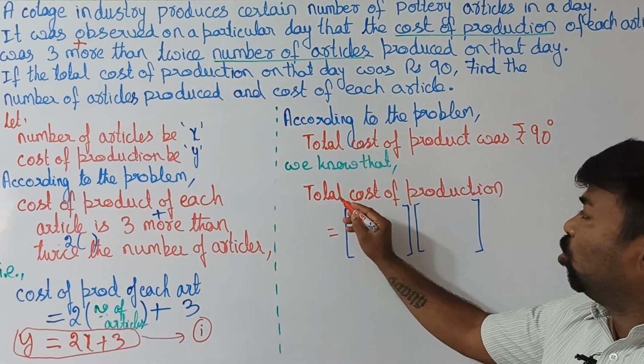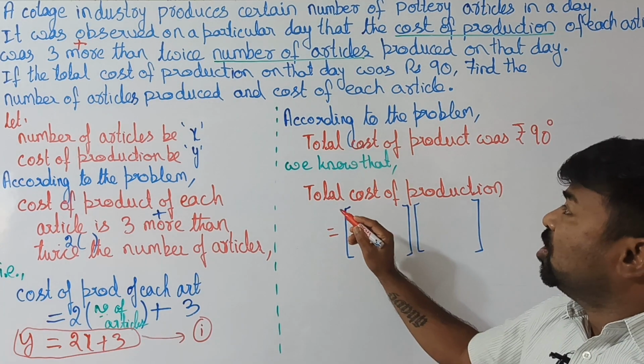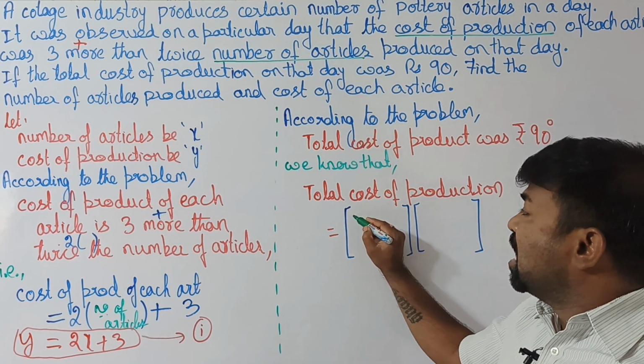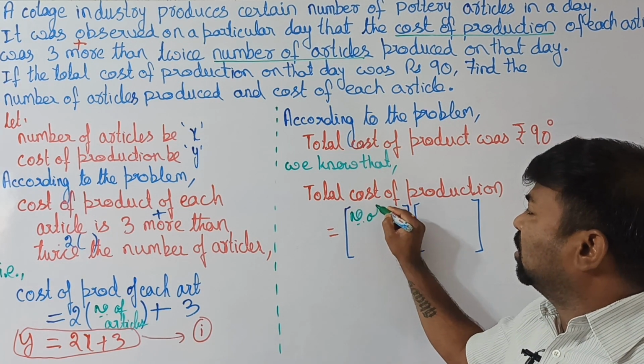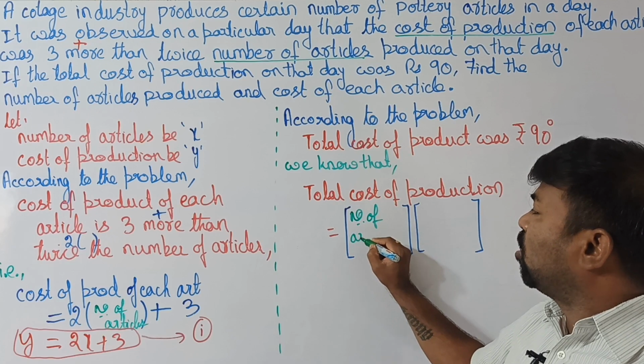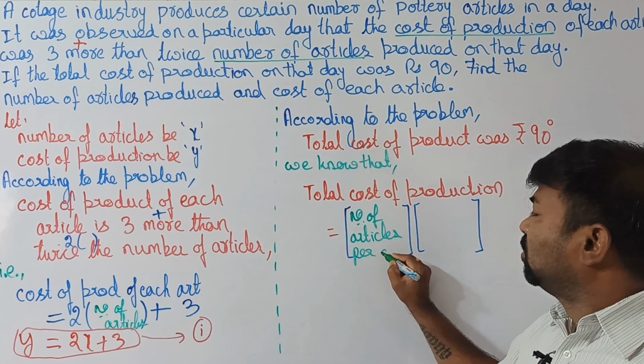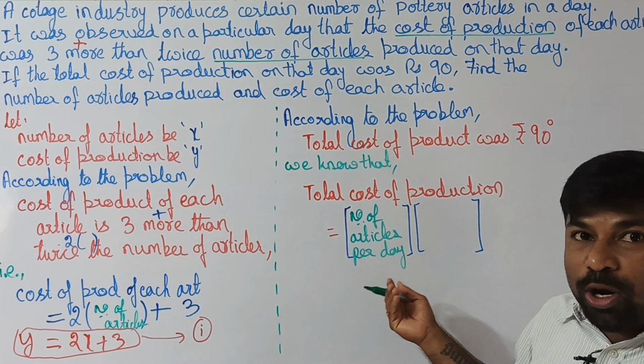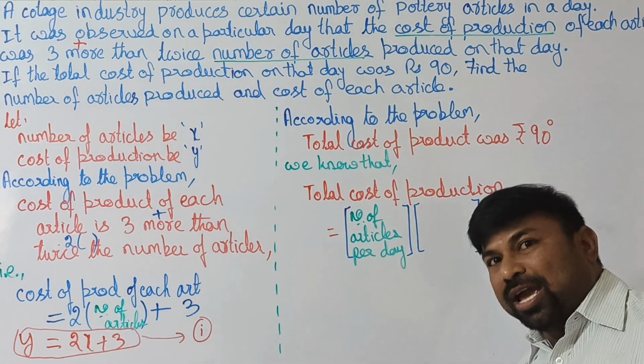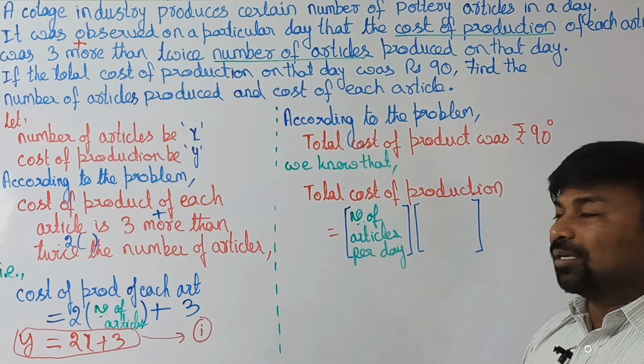The total cost of production is the number of articles per day times the cost of each article.